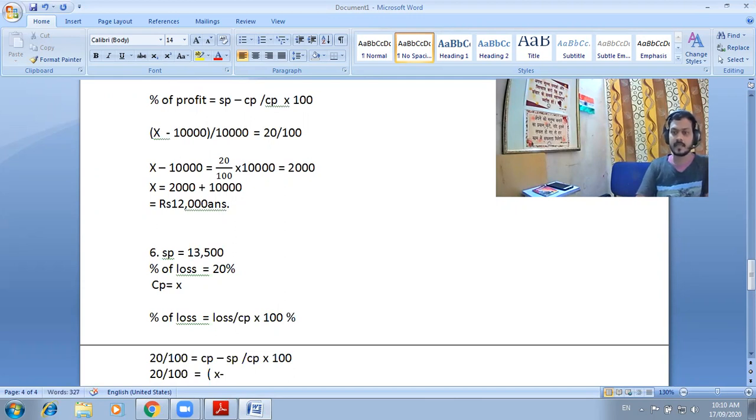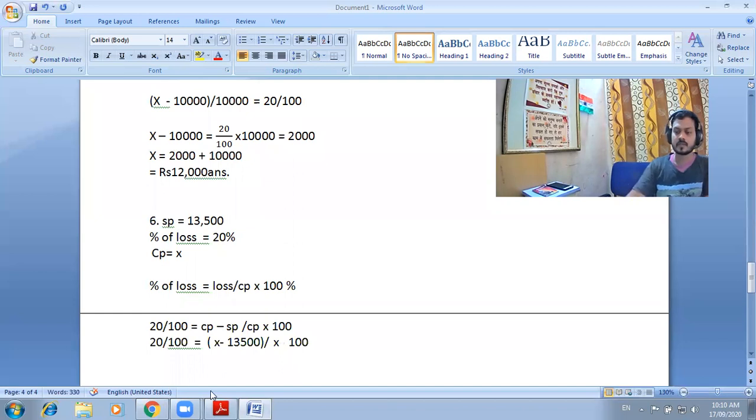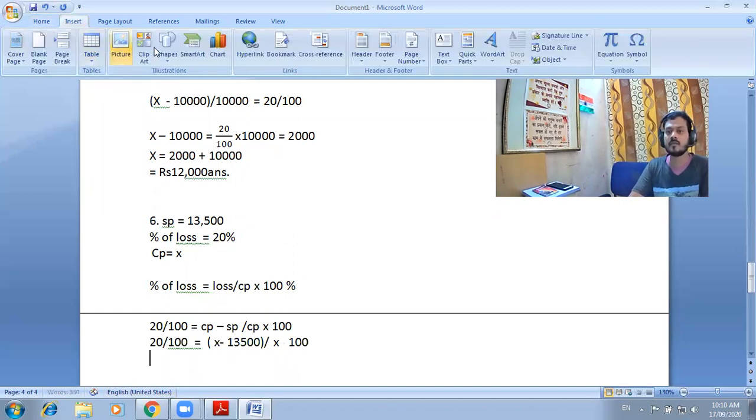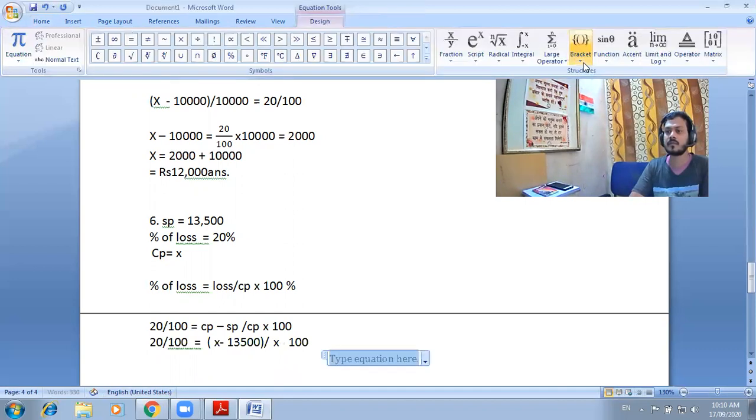X minus SP, which is 13,500, divided by CP. What is the value of CP? We consider CP equal to X and multiply by 100. So we can cross multiply to convert into simple form. How can we cross multiply?